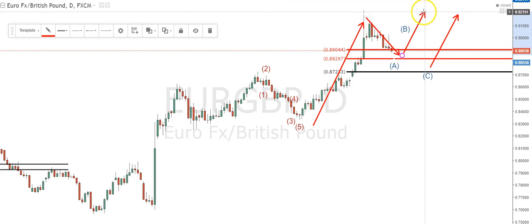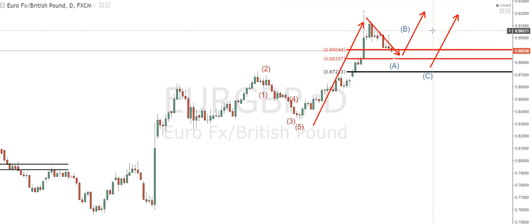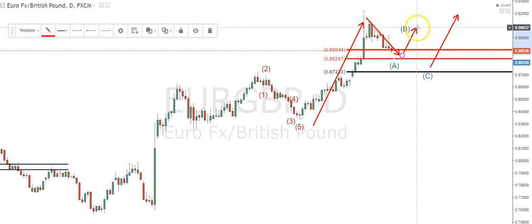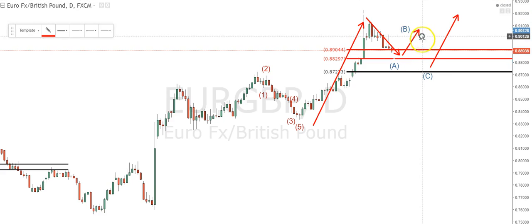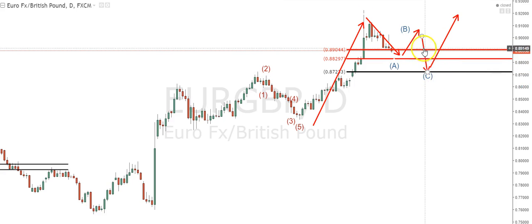If the market gives us the opportunity, we will take it, but we will start managing our trades once it gets to the 1-to-1 risk reward ratio. Once we've managed our trades, we're pretty much good to sit back and wait to see if this goes all the way up, or if it turns around to give us the BC completion, and then we'll take the trade again to the upside.